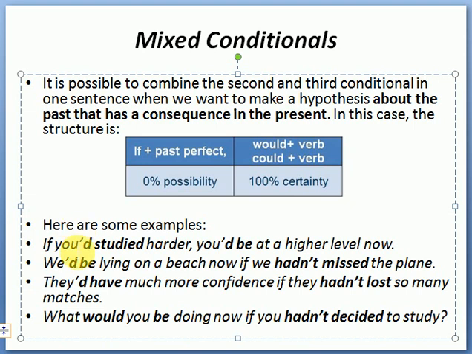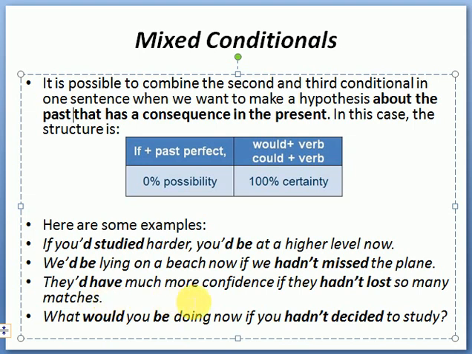For example, if you had studied harder, you would be at a higher level now. We have seen that if you had studied harder is the past perfect, and you would be at a higher level now is would plus be. We would be lying on a beach, present main clause, if we had not missed the plane, past perfect.